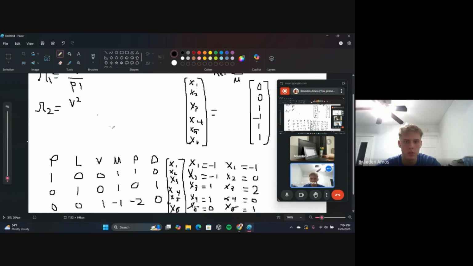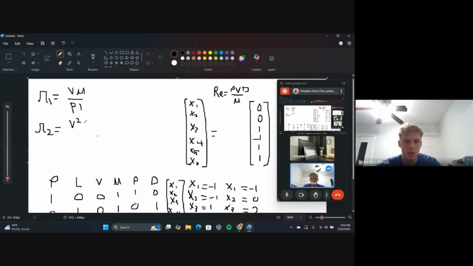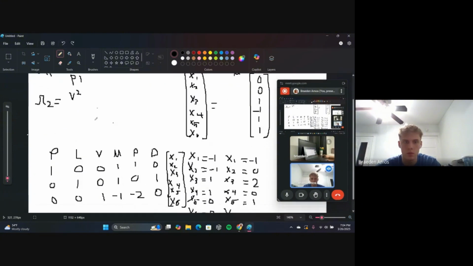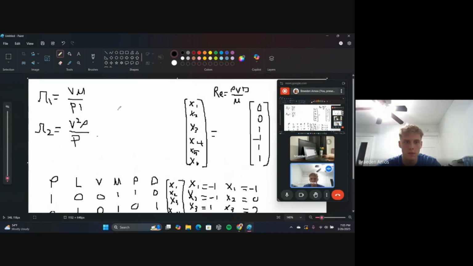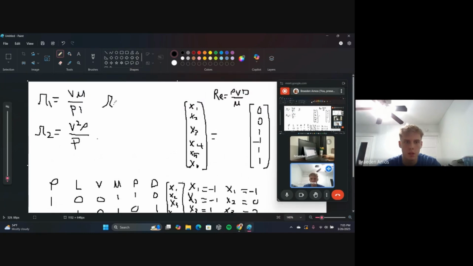Oh, wait, no. These look weird, I think. This one's P and this one's rho. So then we get rho over P. I think that's it. Pi 2.